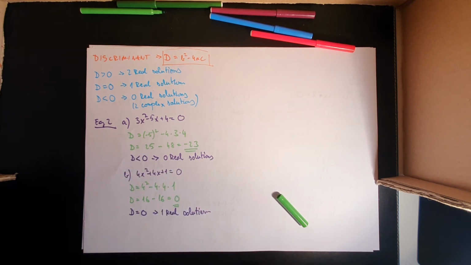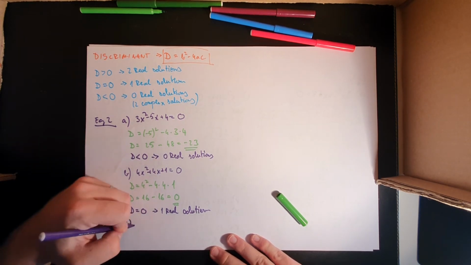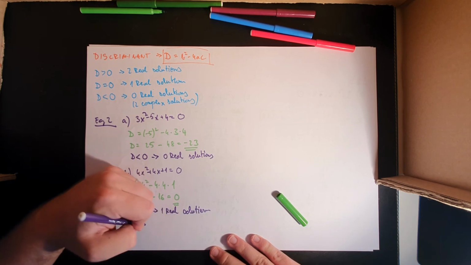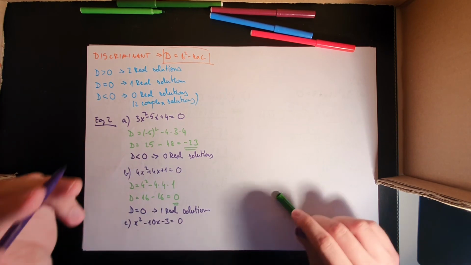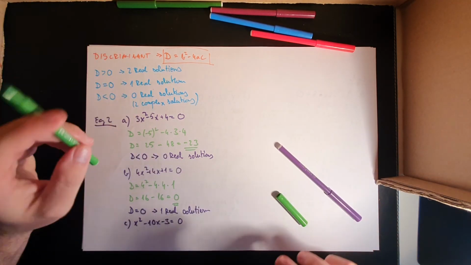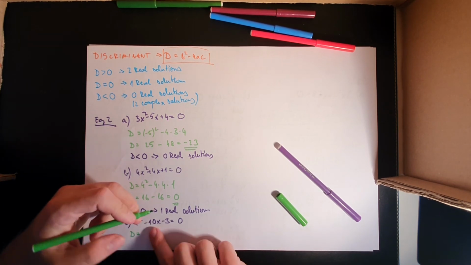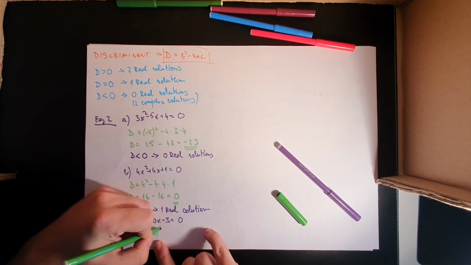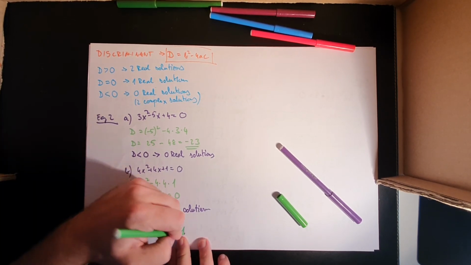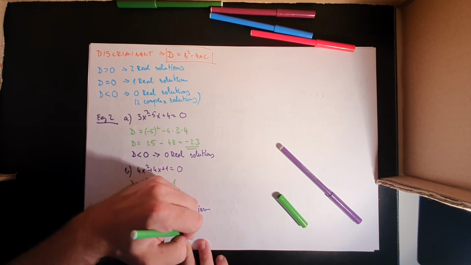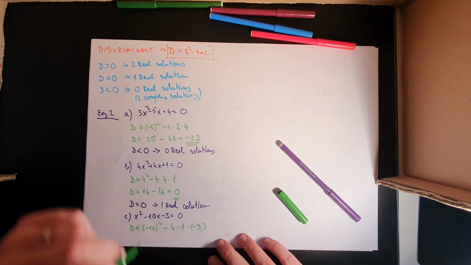And let's go with a third example, example C, with one more equation, x squared minus 10x minus 3 equals 0. Same idea, I want to find the number of real solutions. So the discriminant is going to be minus 10 squared, which is b squared, minus 4 times the a is 1, times c, which is minus 3. Watch out, there is a lot of work with the minuses in all of this.